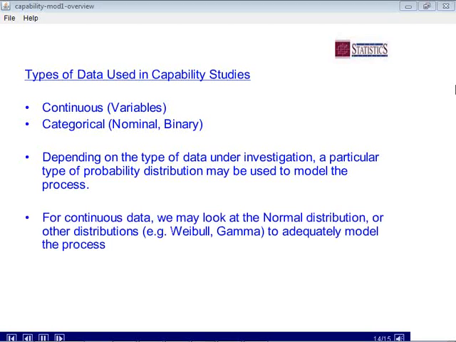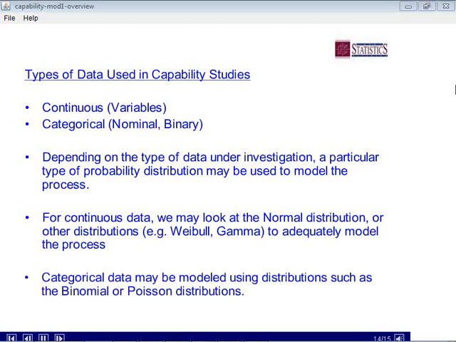Now, depending upon the type of data that is under investigation, a particular type of probability distribution may be used to model that process. For continuous data, pretty much the default that people look to first is, does a normal distribution adequately fit this particular process? Sometimes it will, sometimes it won't. It depends.